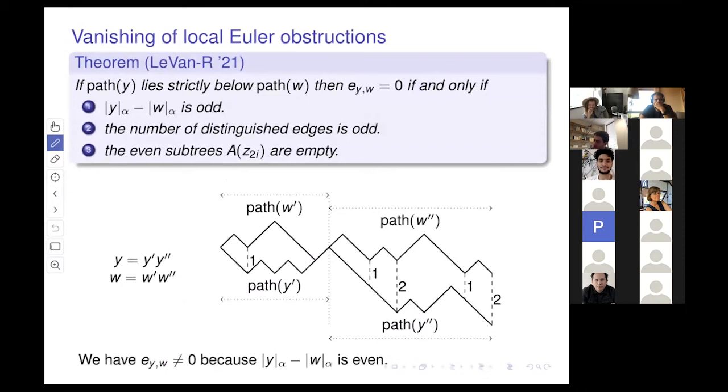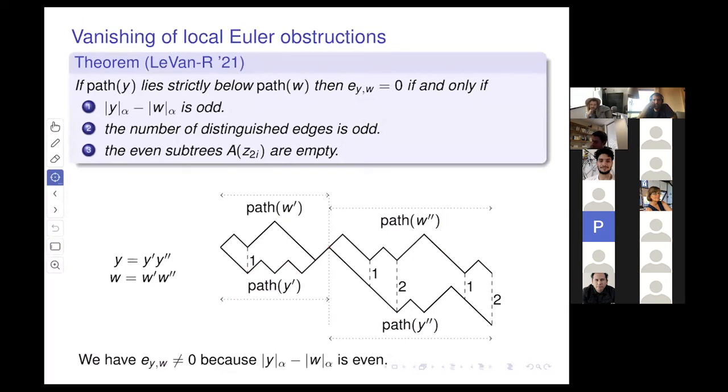Maybe ignore the theorem for a while. I've drawn here an example of two paths y and w, where y is below w. So it can happen that y is strictly below w, so every point on y is strictly below a point in w, or they can meet sometimes, like in this example.